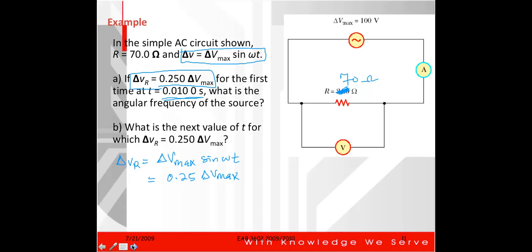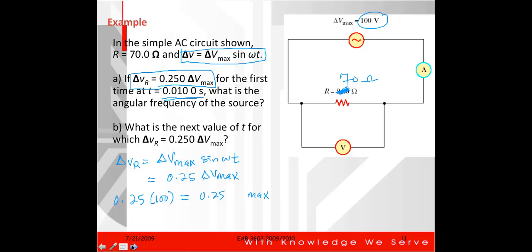So that means Vmax berapa? 100 kan? So delta VR adalah 0.25 kali dengan 100 is equal to 0.25 delta Vmax. Sekejap.